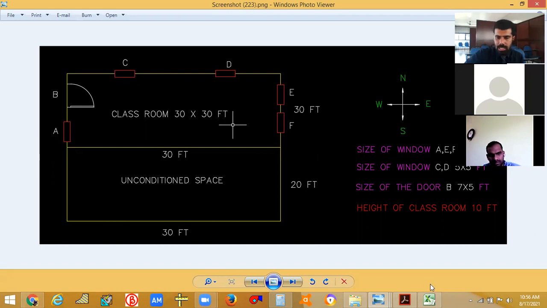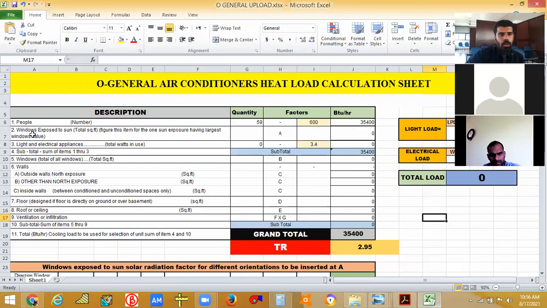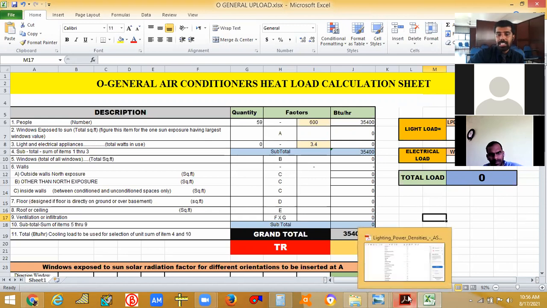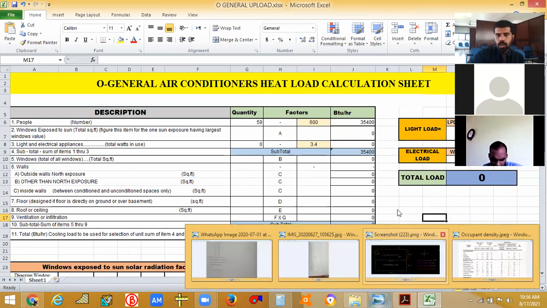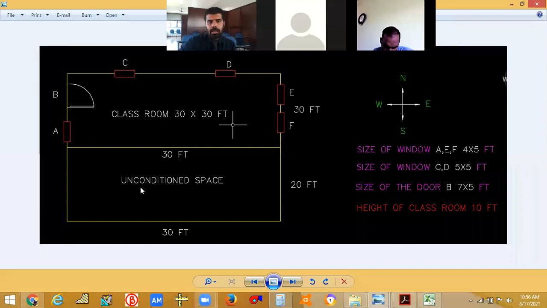So what they have asked is windows exposed to sun, total square feet: figure this item for the one sun exposure having the largest window value, or largest area. So in this case, what is the largest window value? You have windows A, C, D, E, and F, and all these windows are exposed to sunlight.